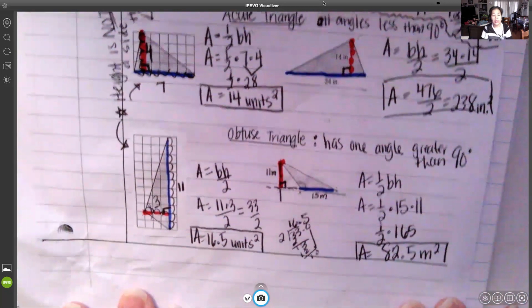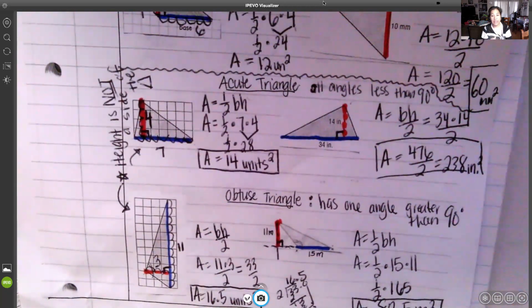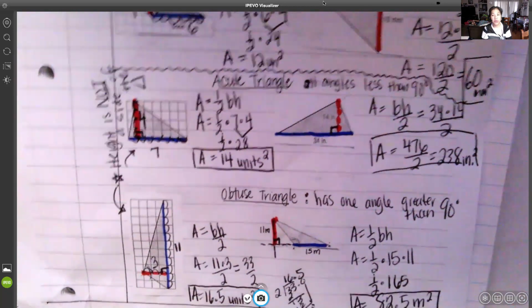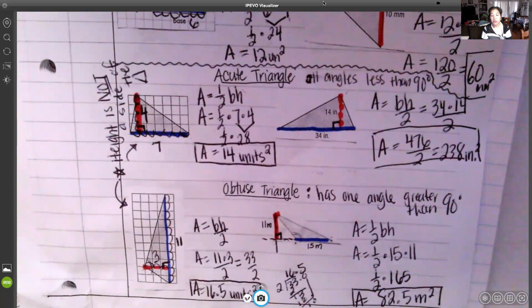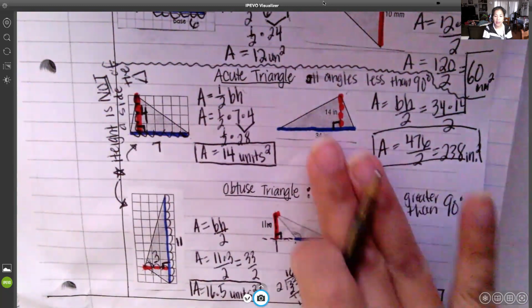Now you should know how to find the base and the height of the 3 types of triangles. If you're unsure, please go back to your notes and take a look at whether your triangle looks more like this one or like that.